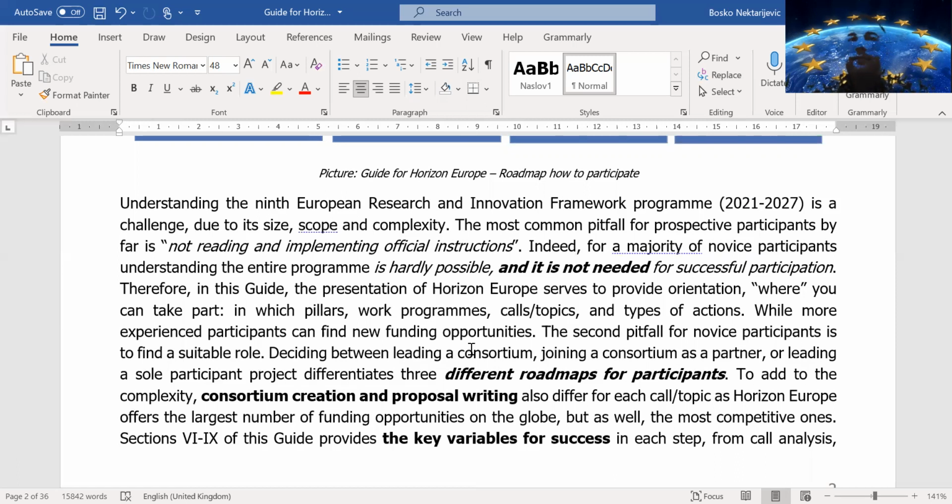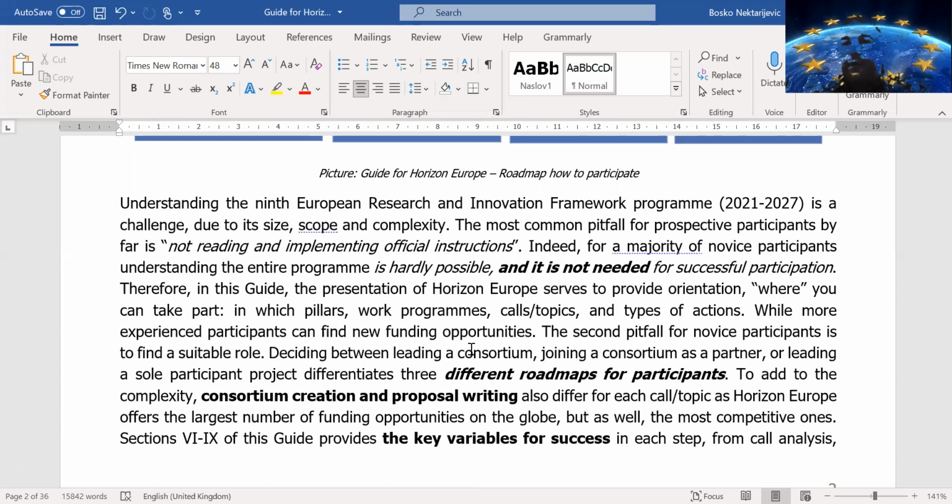Understanding this, the 9th European Research and Innovation Framework Program, which will be running until 2027, is a challenge due to its size, scope, and complexity.